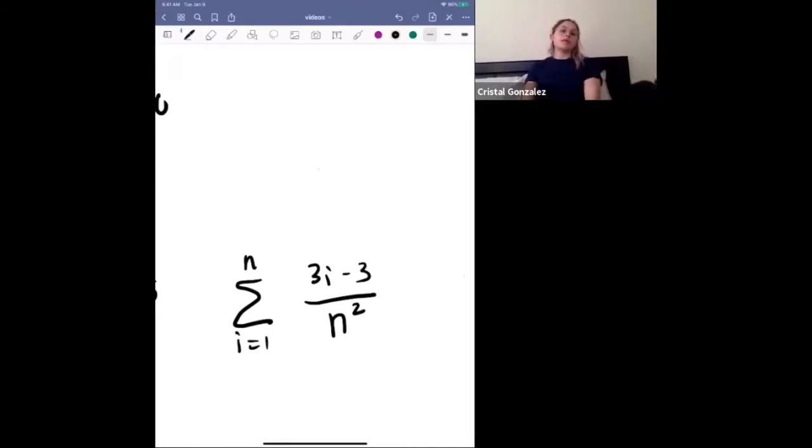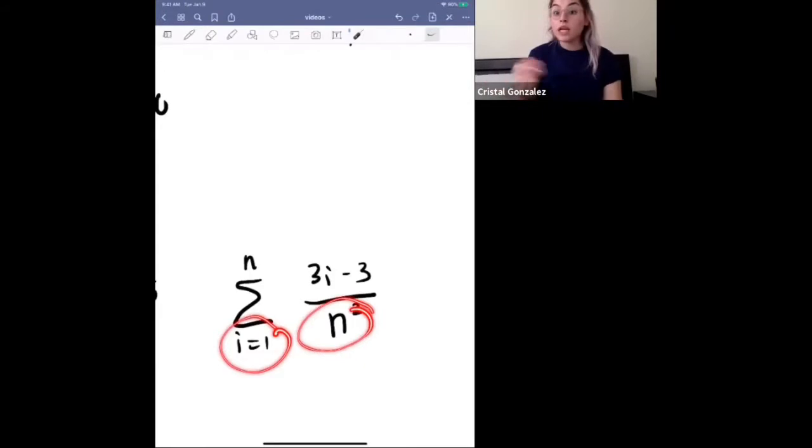I just don't want to plug that in because I want to show you that if you have a variable in your summation that does not involve the index at all, then you could go ahead and factor that out because it's not bothering anybody. The sum doesn't need that n value. It needs i. It doesn't need n because our index is i, not n. So we can actually factor that out.